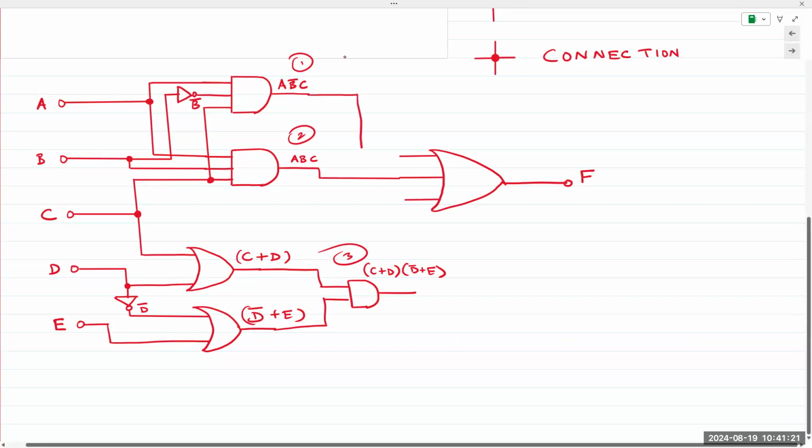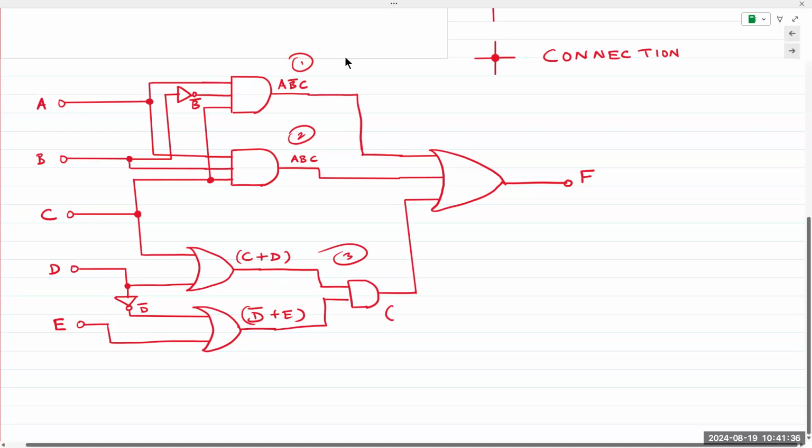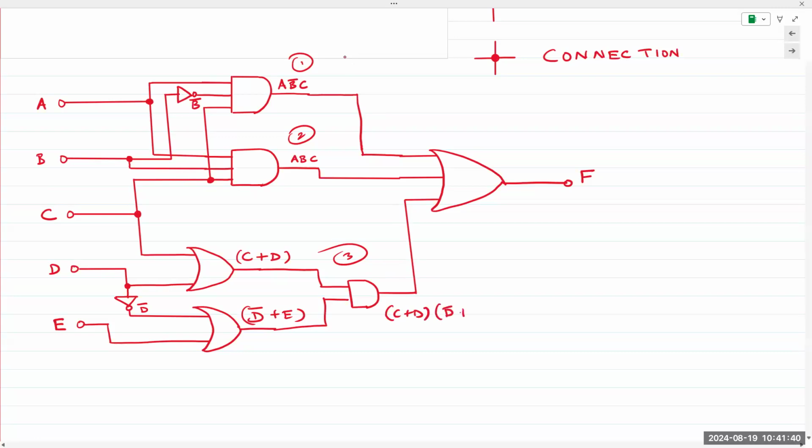So then, well, let me cross this out. Okay, here the output is C plus D and D not plus E. All right, let's take a pause, write it down, think over it. Let me know if you have any questions.